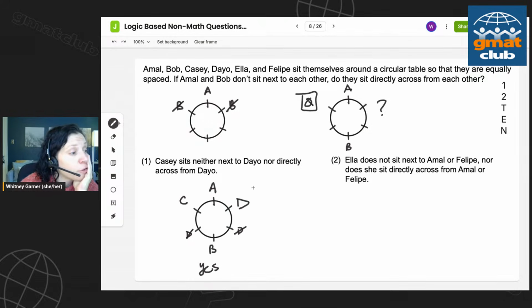Well, is there another variation of this one that would work, right? Can I try another variation? And so if I do the same kind of circle again, I'll put my Amal back in and I'll kind of re-sketch it with my factoids.